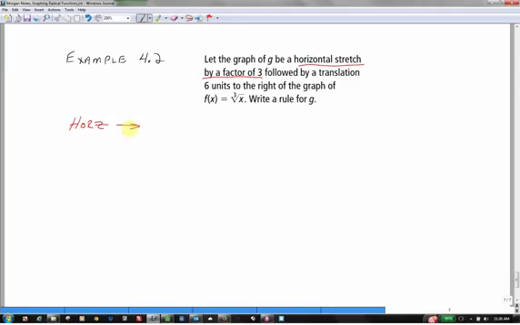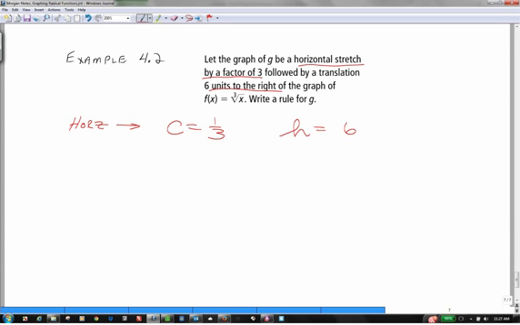So if the horizontal stretch is 3, then c must be equal to 1/3. And then it's going to translate 6 units to the right. So that's telling me h is 6.